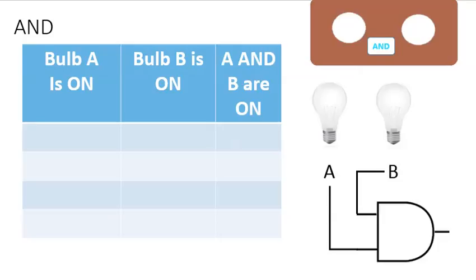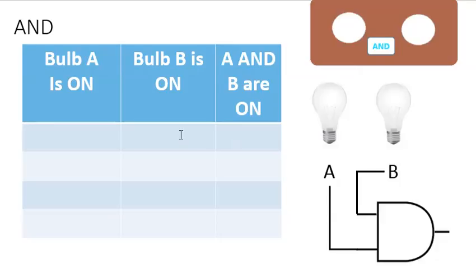Because we have two inputs now, the statement that bulb A is on and the statement bulb B is on, we therefore now have 2 times 2 or 4 possible permutations that we need to cater for. And there's a very easy way to draw up a pattern that will cater for all possible permutations.